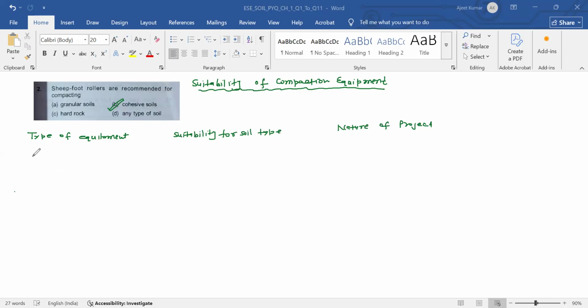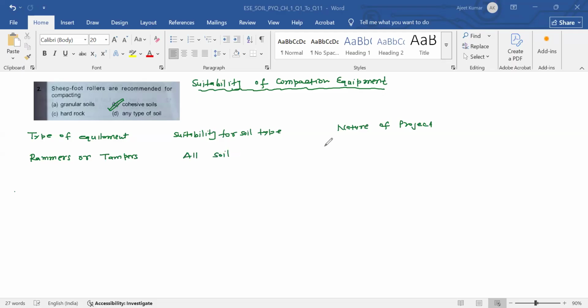The first type of equipment is rammers or tampers. And suitability, all type of soil. It is suitable for all soil.